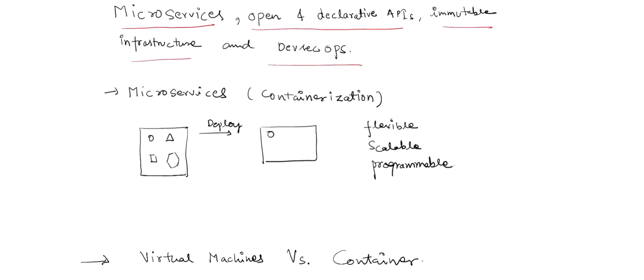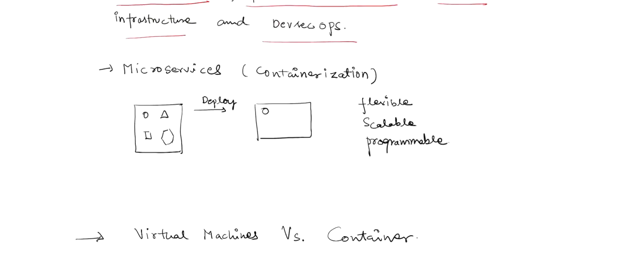Microservices. So suppose these are 4 microservices. These are separate microservices. Every microservice should be separate from each other. They should be loosely coupled. They should not be dependent upon each other. So if we have to deploy a microservice, we can deploy that microservice only.